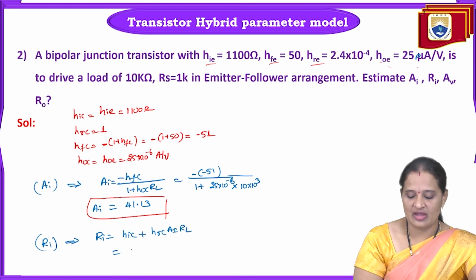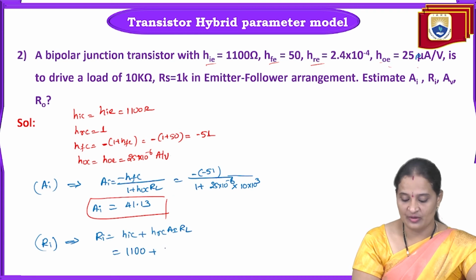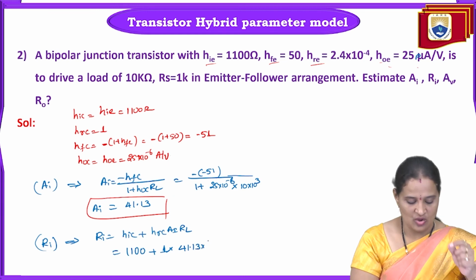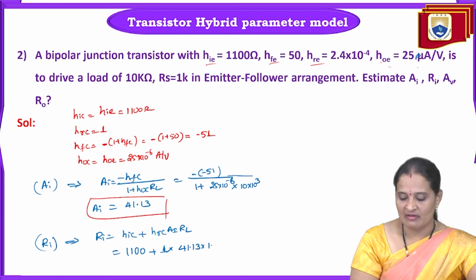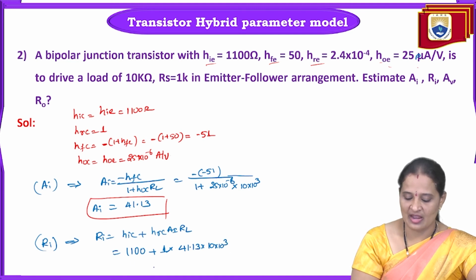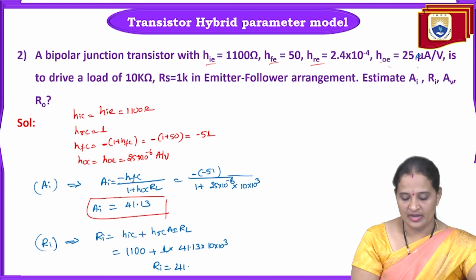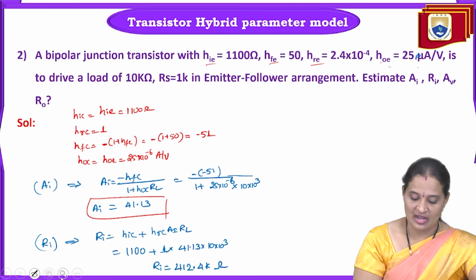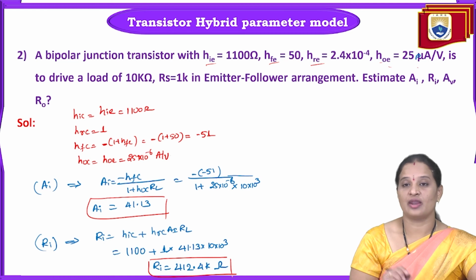Just substitute the values. 1100, that is the HIC value. HRC value is 1 into 41.13 into the RL value, how much is the RL value? RL value is 10 into 10 to the power of 3. If you calculate this, the RI value will be 412.4 kilo ohms. So this is the value of RI.